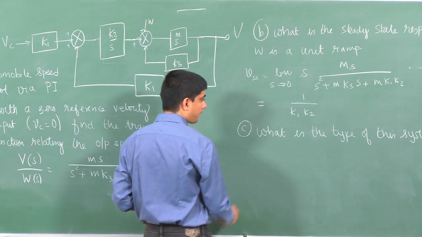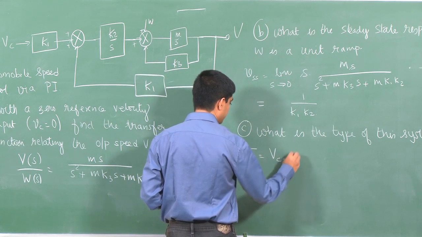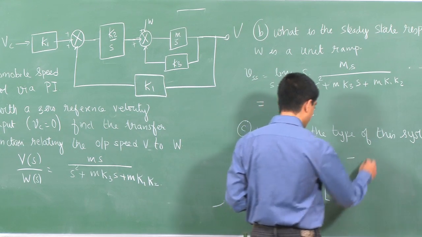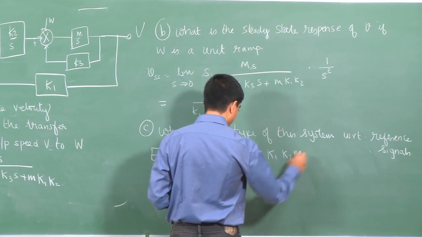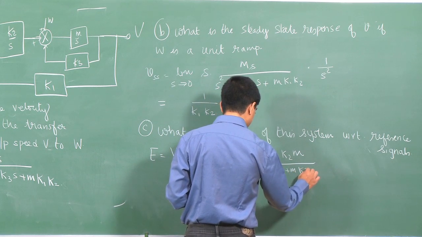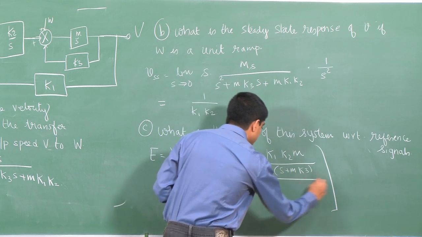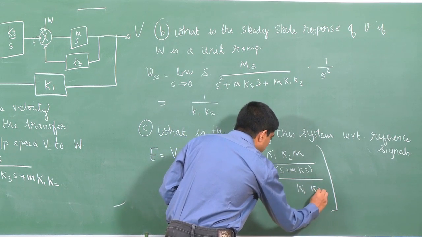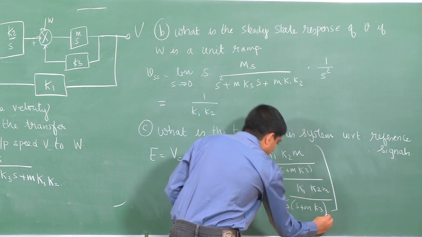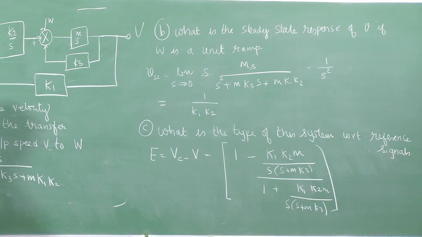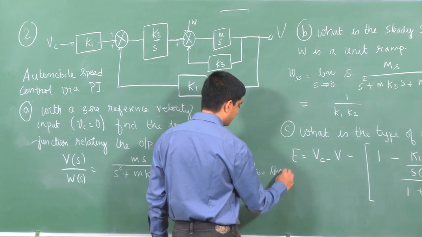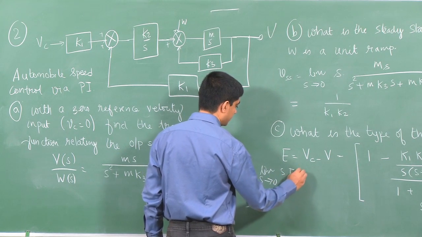Okay, so we look at it in terms of E is Vc minus V is 1 minus, and usual the way we compute the steady state error is through the final value theorem, limit s going to 0 s times E of s.